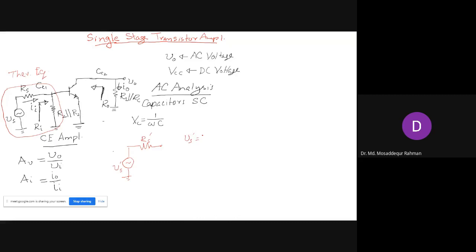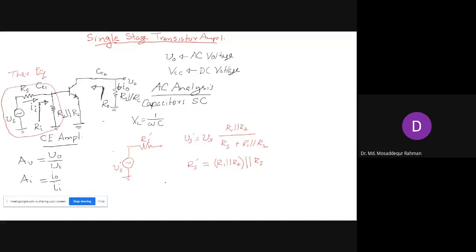So using the voltage divider rule, Vs, and we have R1 in parallel with R2, divided by Rs plus that. So that will be Vs prime, and the resistance Rs prime will be the parallel combination of this and Rs.